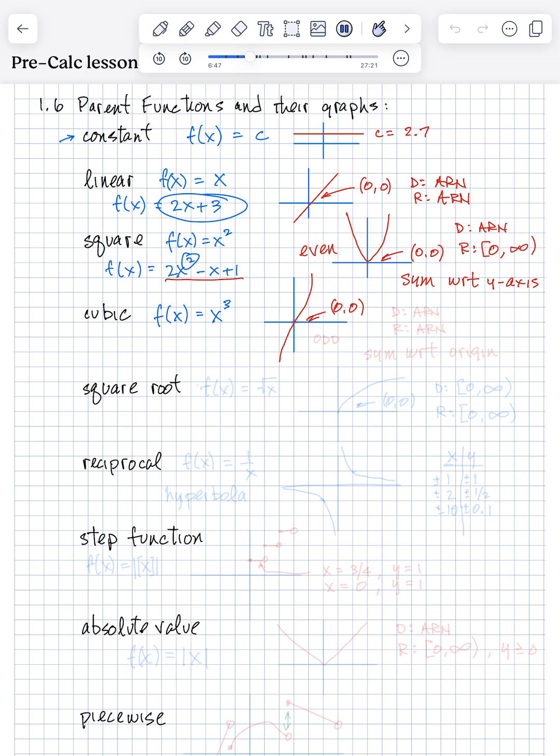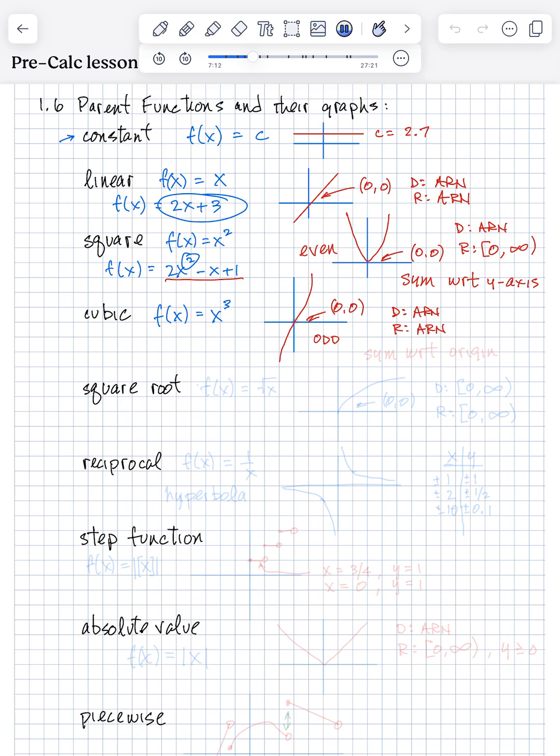Because you can have positive and negative numbers, the domain is going to be all real numbers, and so is the range, all real numbers. And this happens to be an odd function.